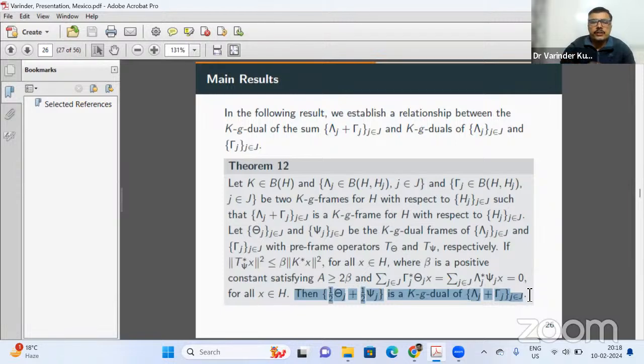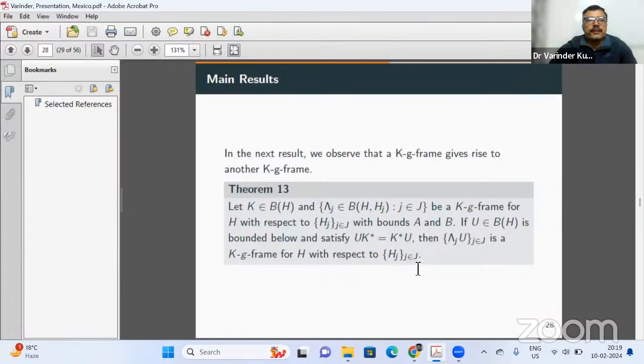So basically in this result, we have found a relationship between sum of duals and dual of sums. See, in the first part, we can see that we are talking about half of sum of duals, kg duals of these kg frames, and this is kg dual of this sum. So this is a very important result, which gives us this relationship between sum of duals and dual of sums.